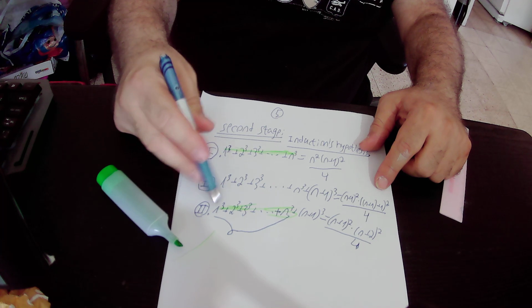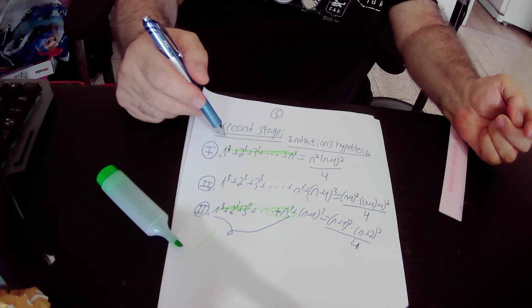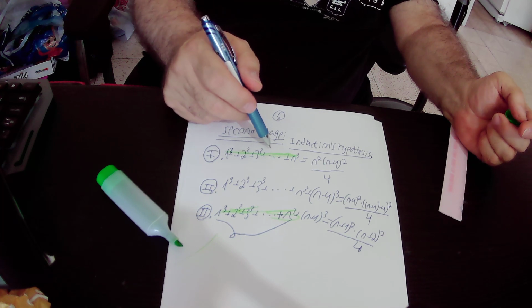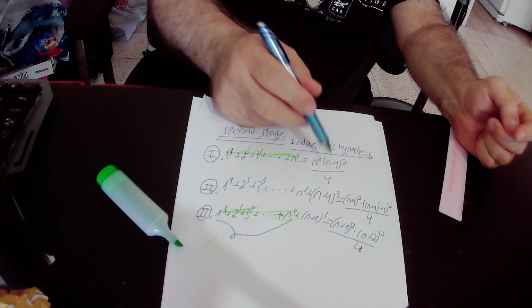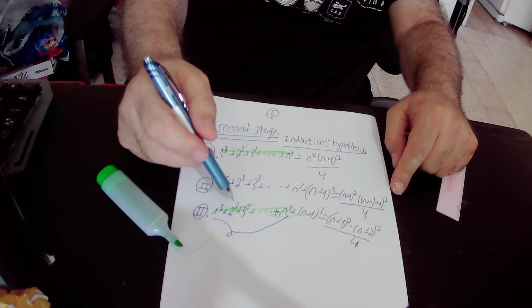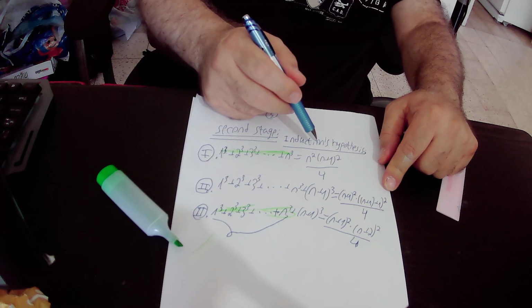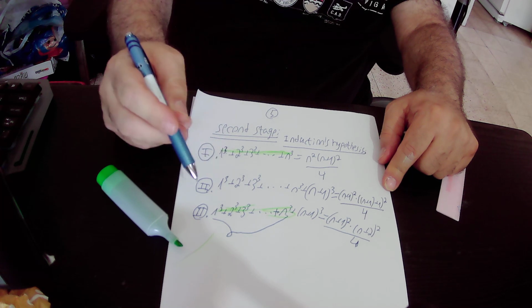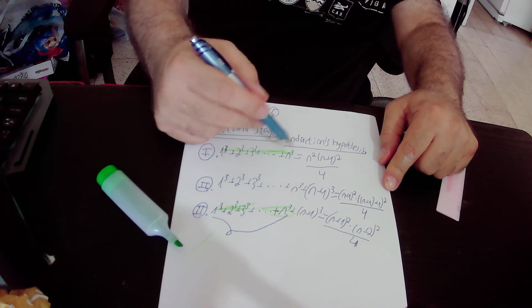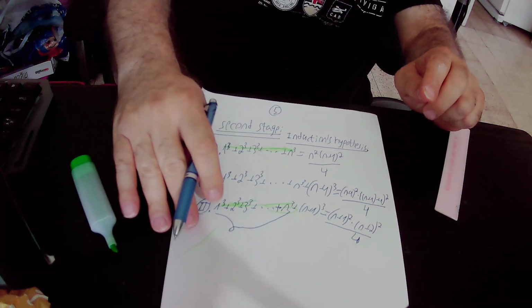So according to our assumption, or the induction hypothesis, this expression equals n squared times n plus 1 squared divided by 4. So we can substitute this expression by n squared times n plus 1 squared all divided by 4. Why can we substitute it? Because they are equal to each other according to the induction hypothesis. So we will do it now.